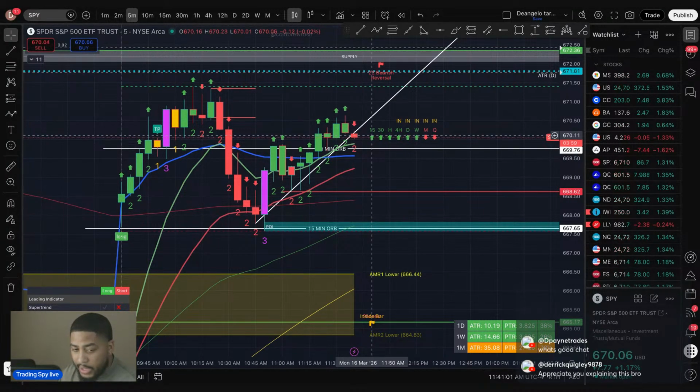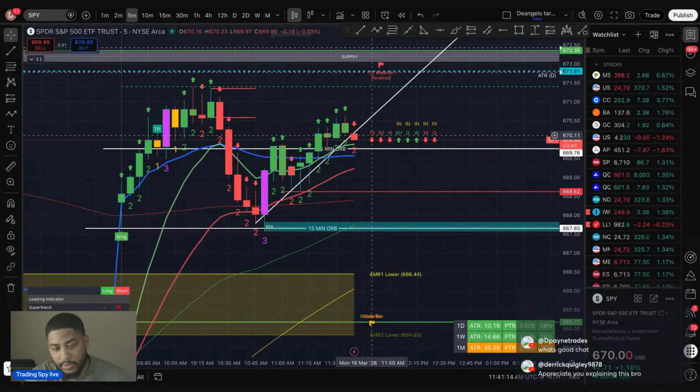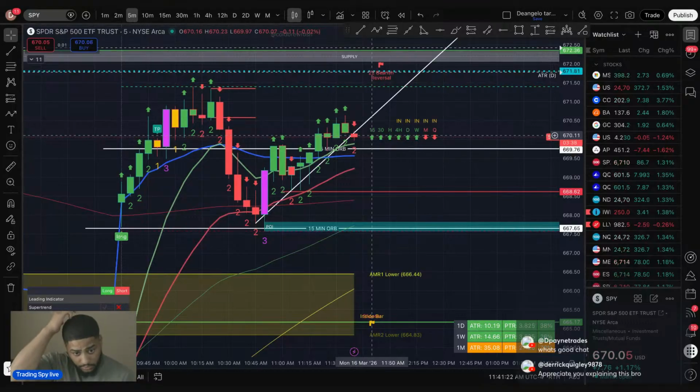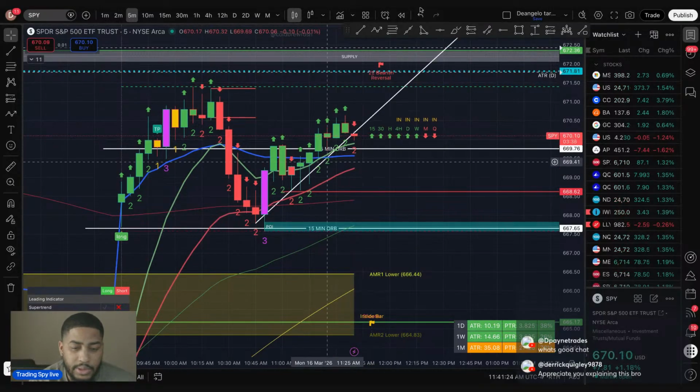Because if it loses that 9 EMA and that VWAP, it's gonna be a wrap. I'm only up 2%. Trying to stay confident. See if we can get another bull flag to get up out of here.